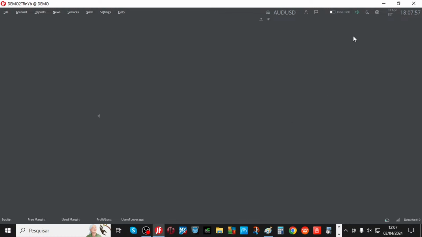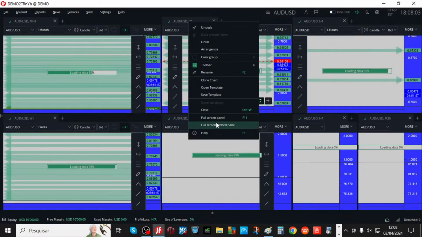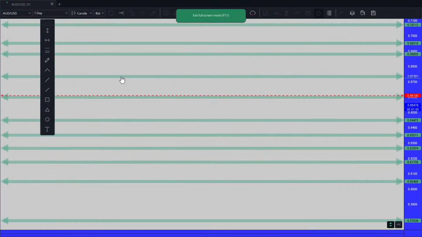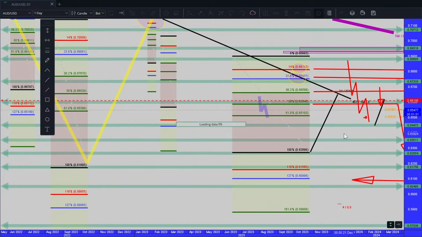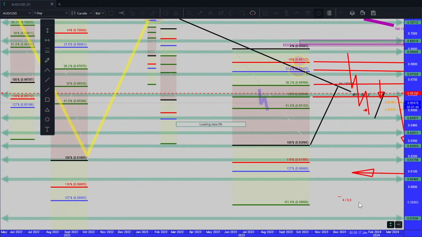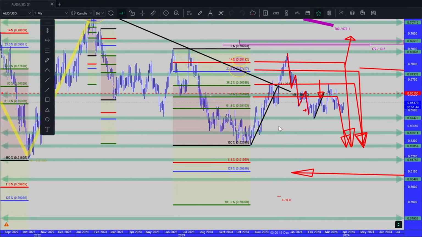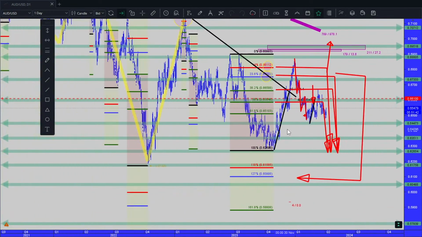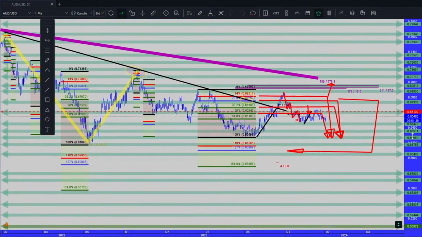Alright, looks like we found one. AUD USD daily chart.